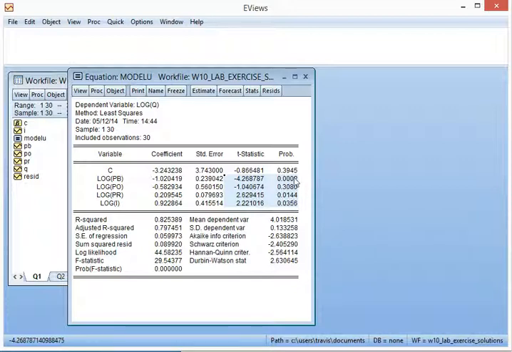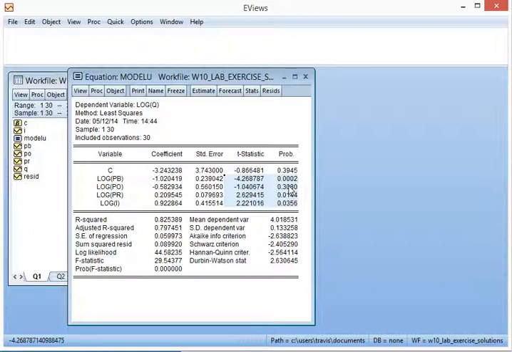So it looks like the price of beer, the price of all other goods, and income are statistically significant variables in explaining the quantity demanded of beer, but there's a question mark over the price of other alcoholic beverages in this model at least. Despite the fact that theory would suggest that a substitute good such as this should have an impact on the demand for beer.